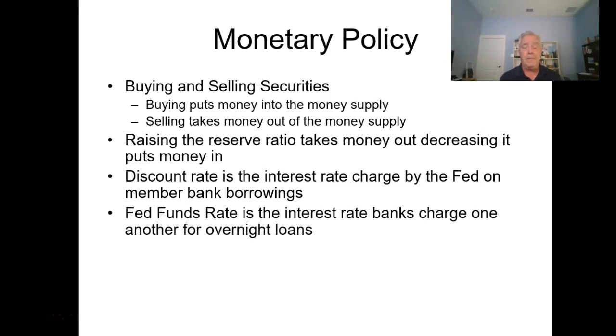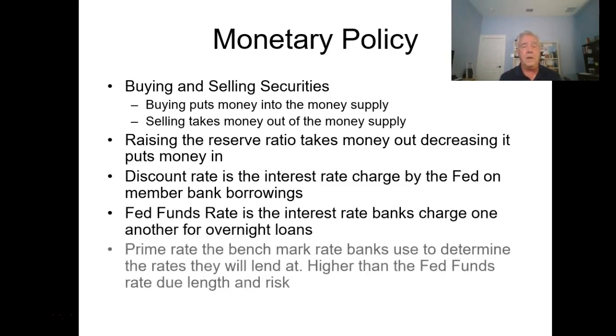Okay. And the prime rate. Now, a lot of people confuse the Fed funds rate and the prime rate, so let's try to make sure you understand the difference between the two. The Fed funds rate is the interest rate that the Fed charges, and it's also the rate that banks charge one another for overnight loans.